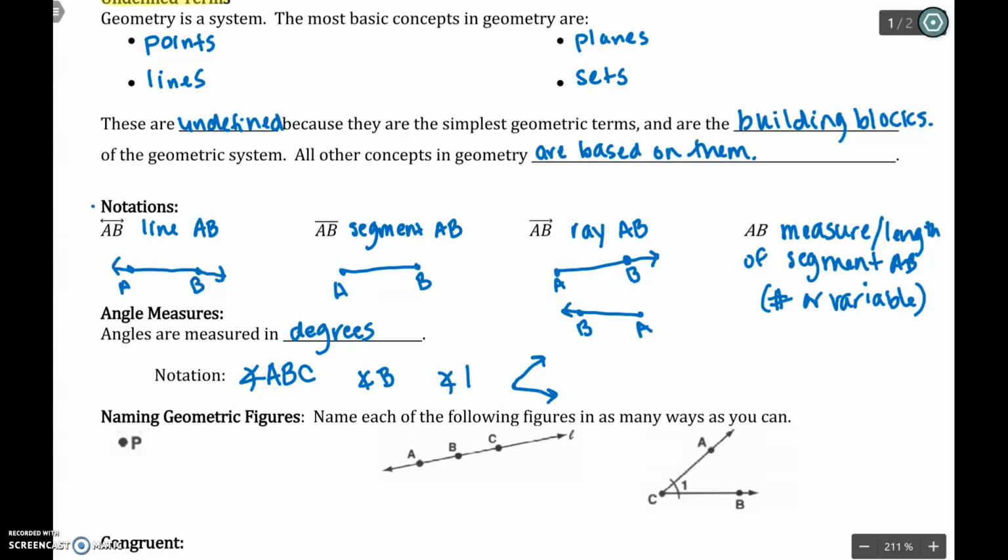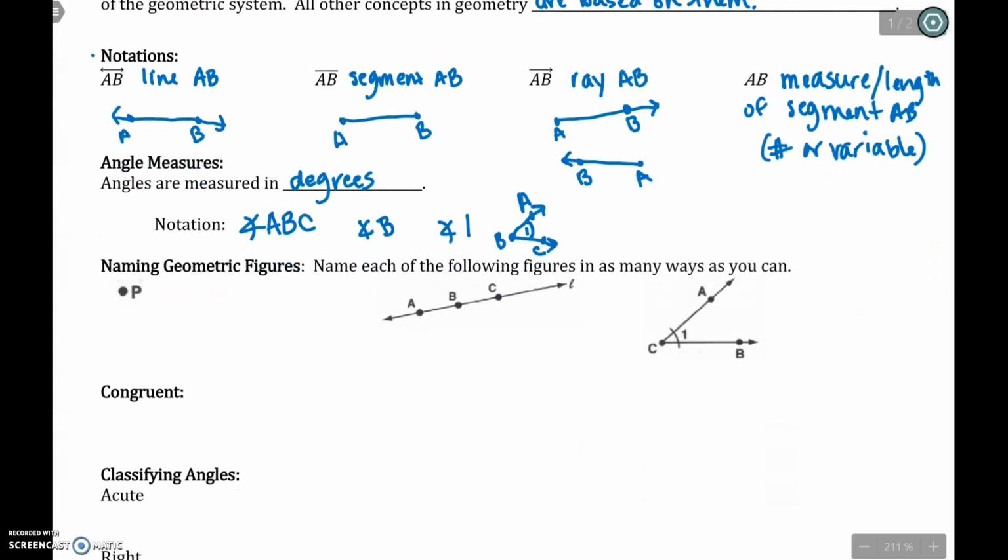So if it was angle ABC, we would have A, the corner in the middle, B, and C as the other 2 parts of the rays. This is also angle B, which is okay if the angle is all by itself, not touching any others. Or if we wanted to put a number on the inside in here, that could be another way to name the angle, angle 1.